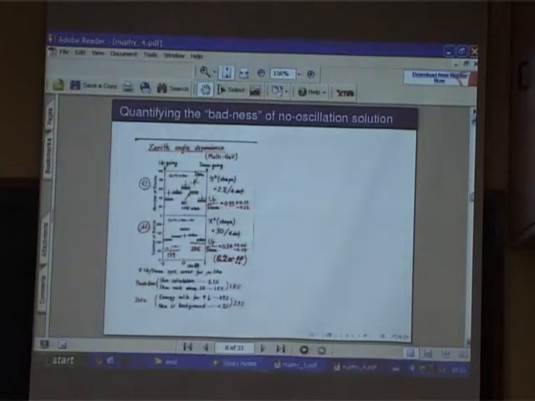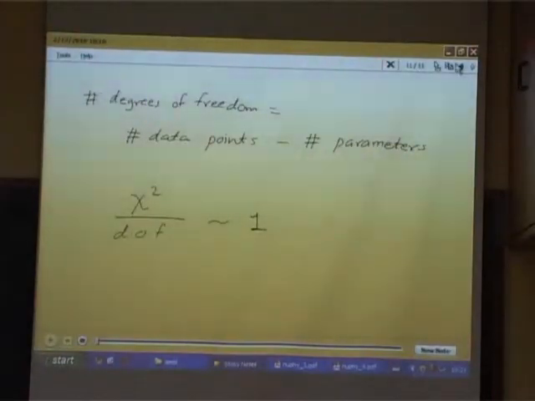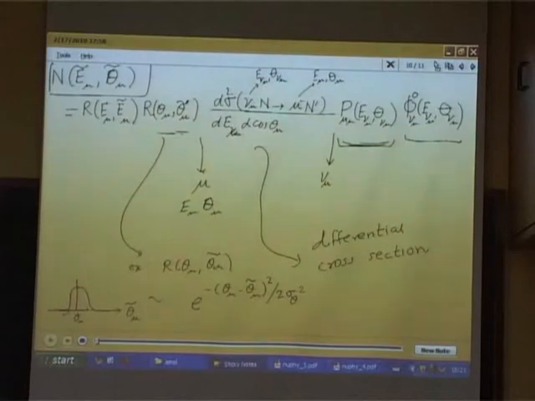This chi-square was calculated using P mu mu equal to 1, with just the input flux. When you say no oscillations, it means that this factor is equal to 1. Now you want to put in this factor and see whether this chi-square can be reduced.